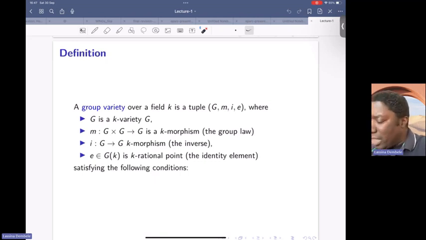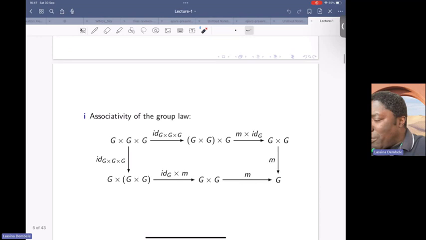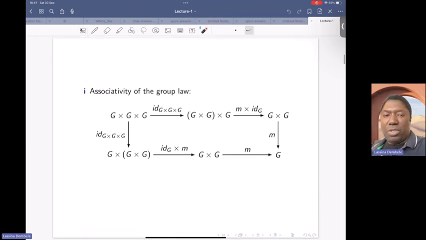And for this tuple to be an algebraic group, we want it to satisfy the following properties. So the first property that we want this tuple to satisfy is the associativity of the group law. So for the group to be associative, we want this commutative diagram, which means that if we have three elements in the group, it doesn't matter in which order we multiply them, we will recover the same thing.